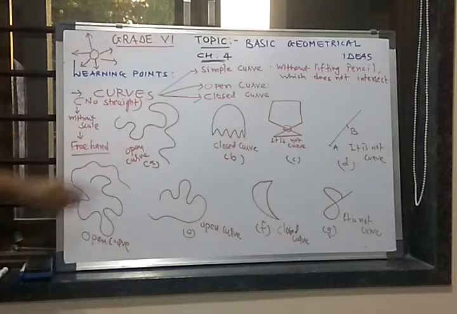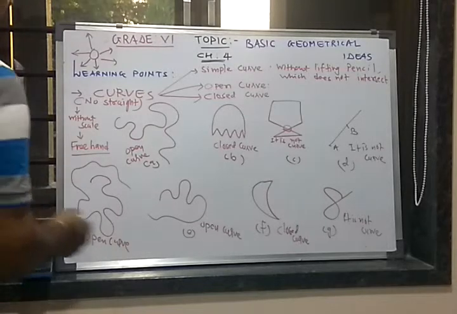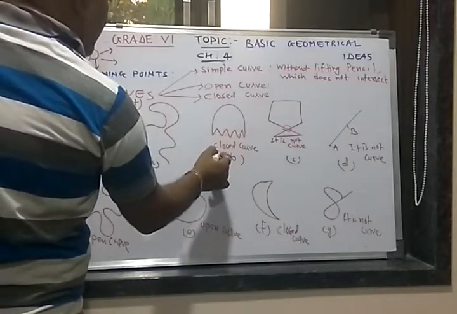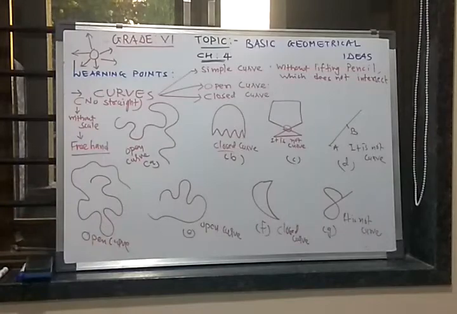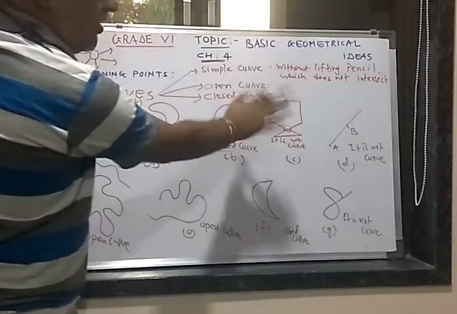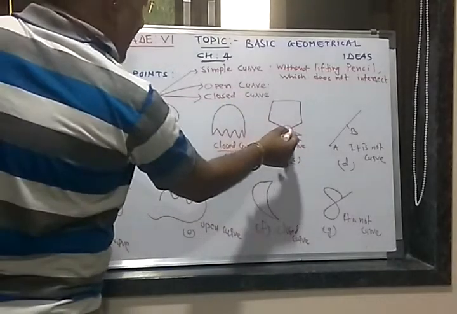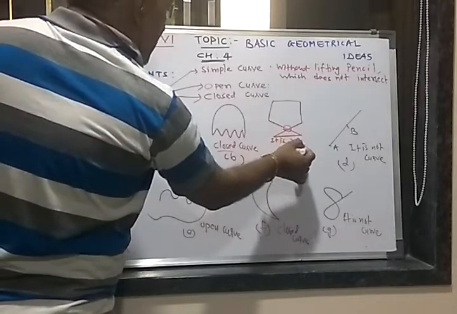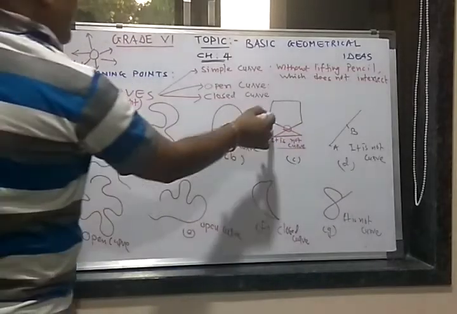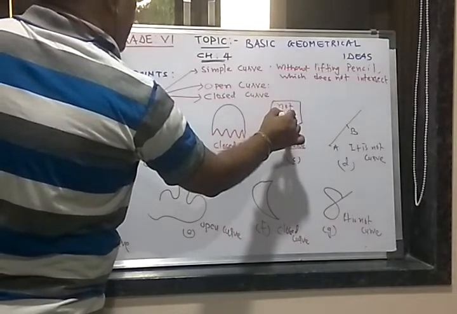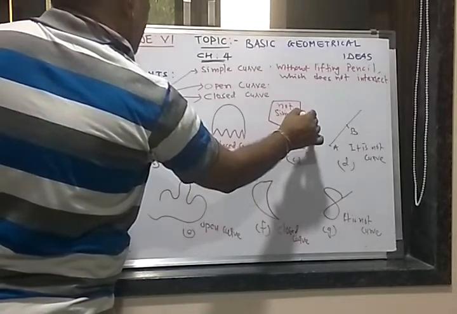Here this is open curve A. This curve line is there but it is closed, so it is a closed curve. Here no curve is there, and they are intersecting each other, so it is not a simple curve.